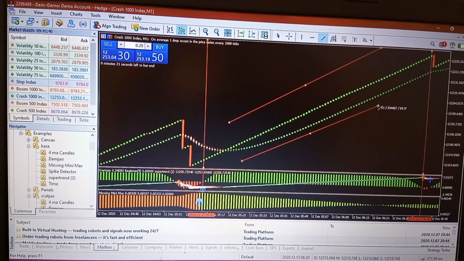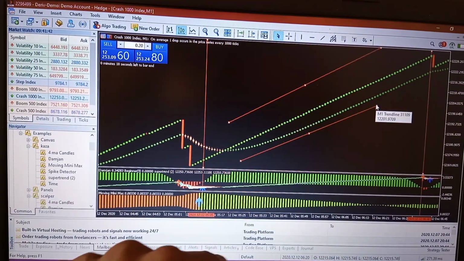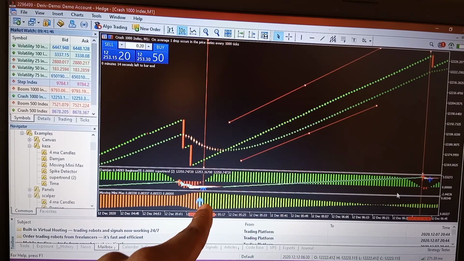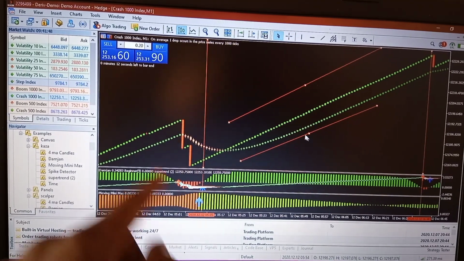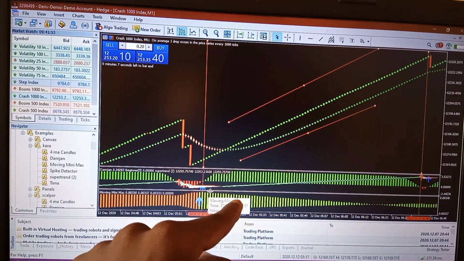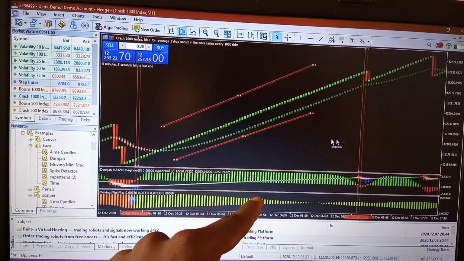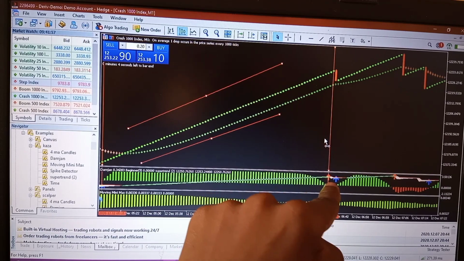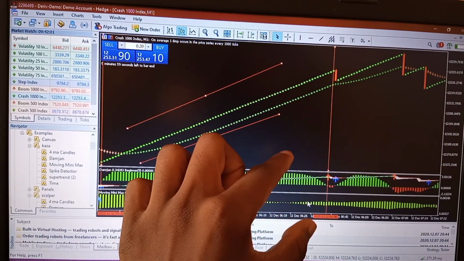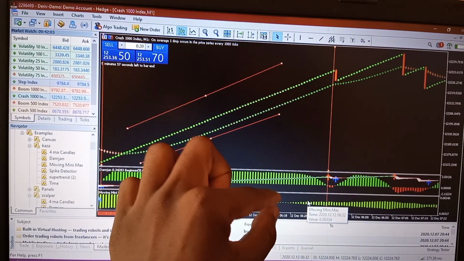The moving minimax, which starts here from the green candles to here, shows you that this is an uptrend. By the way, this is Crash 1000. So this is an uptrend. When the uptrend is done, you're going to see the moving minimax bars depreciate and become small over here.